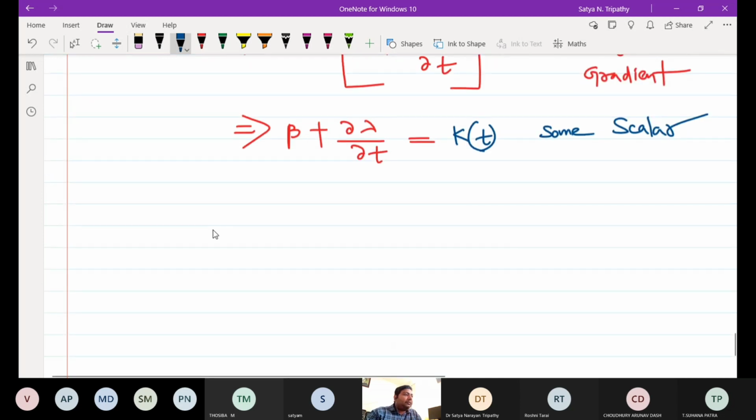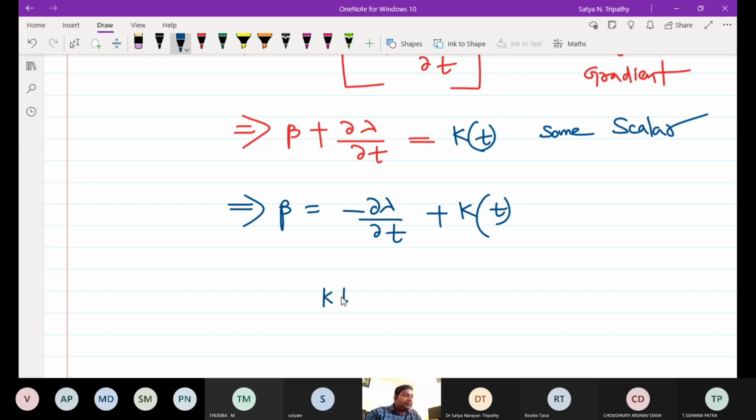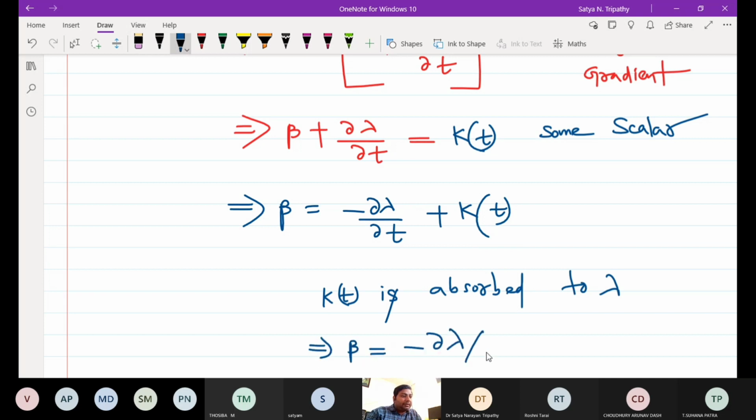So beta is equal to minus d lambda by dt plus k of t, and k of t is absorbed into lambda because they are functions of t. So beta is equal to minus d lambda by dt.